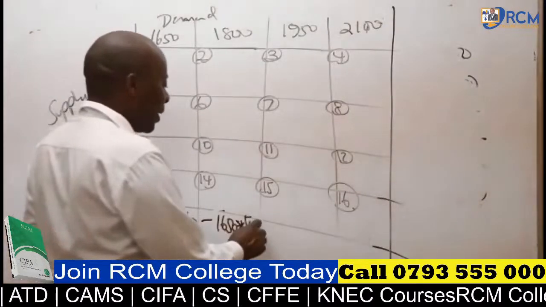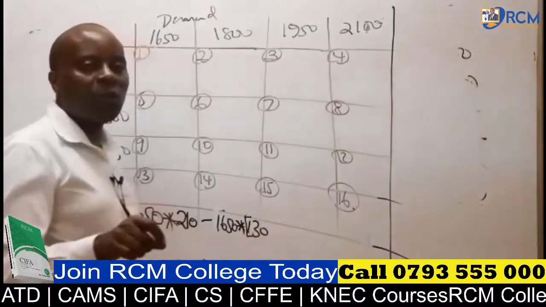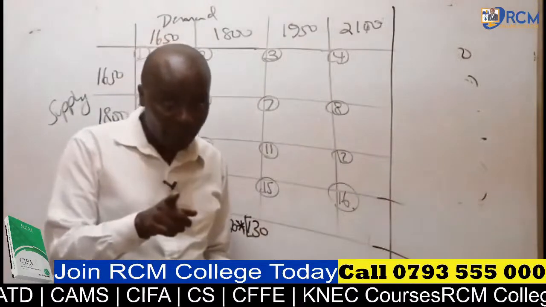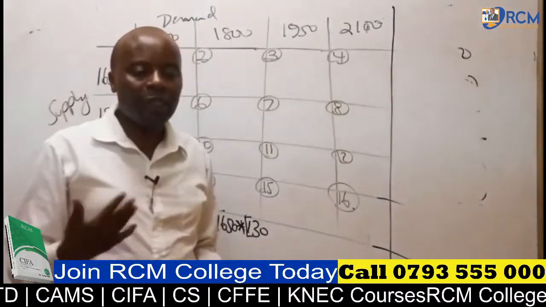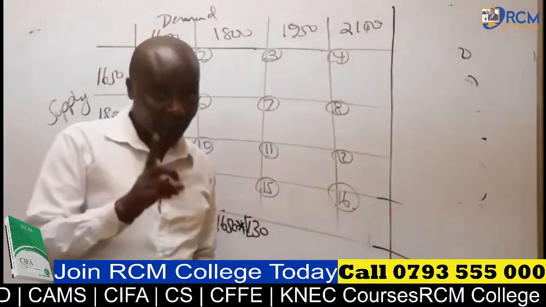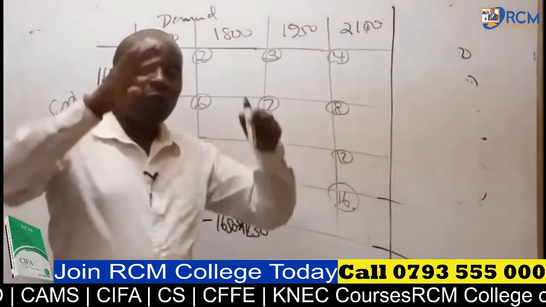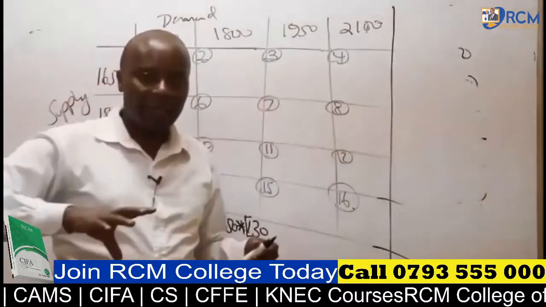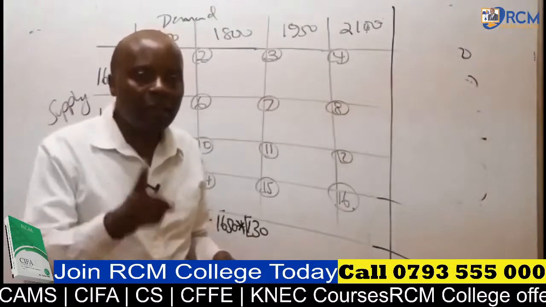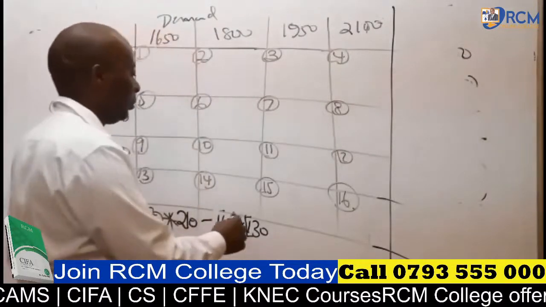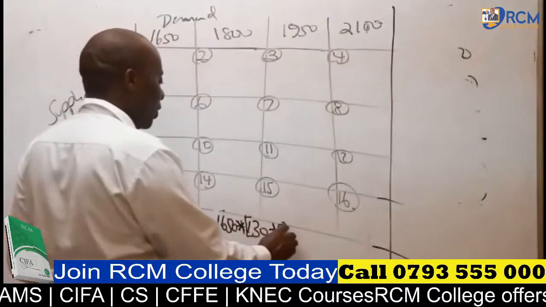But remember, apart from procuring them, we have 8 shillings, which is the cost of holding per bracelet. We buy them, and we would want to hold them. So things like rent have been absorbed into how much per unit? 8 bob. That 8 was forgotten by so many students.